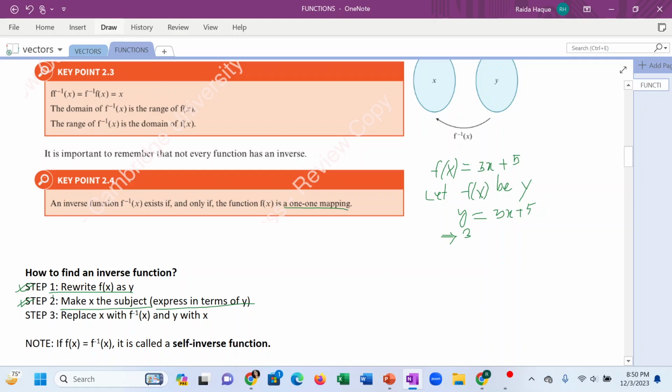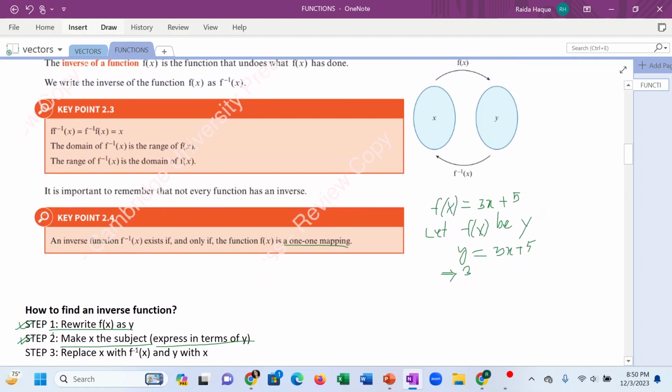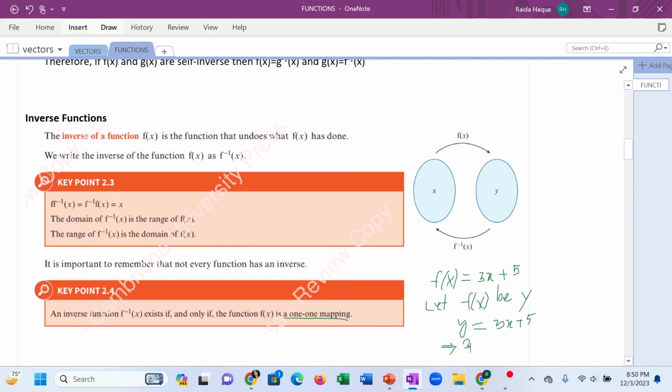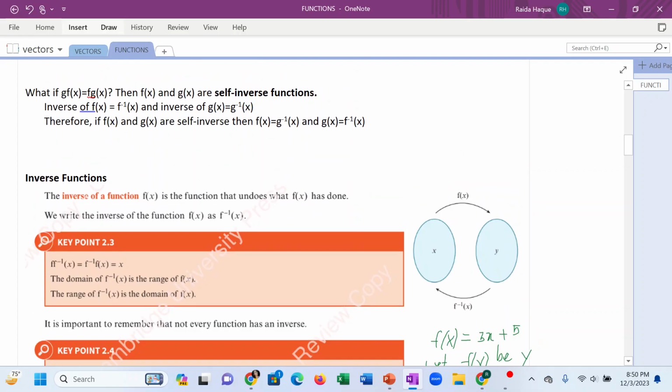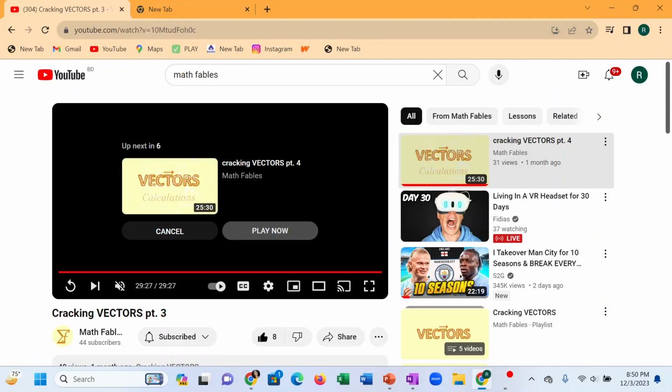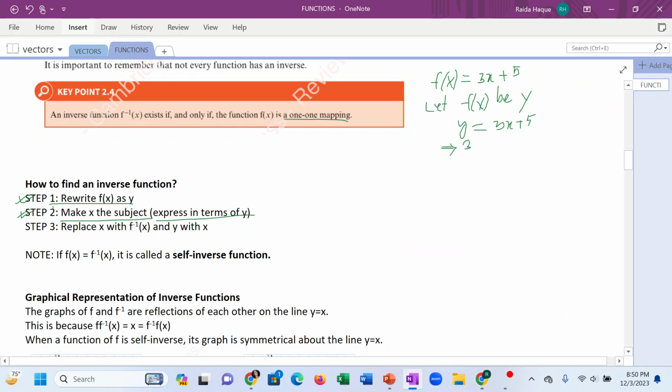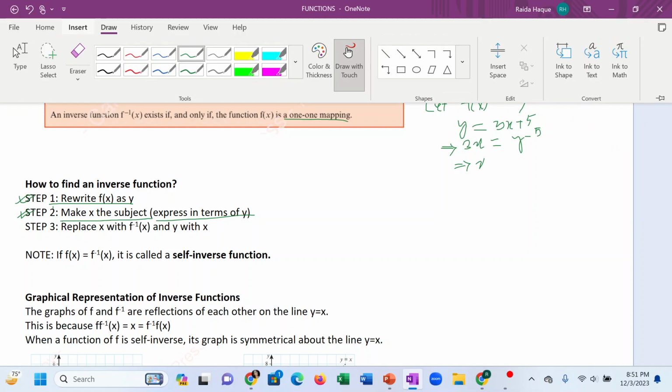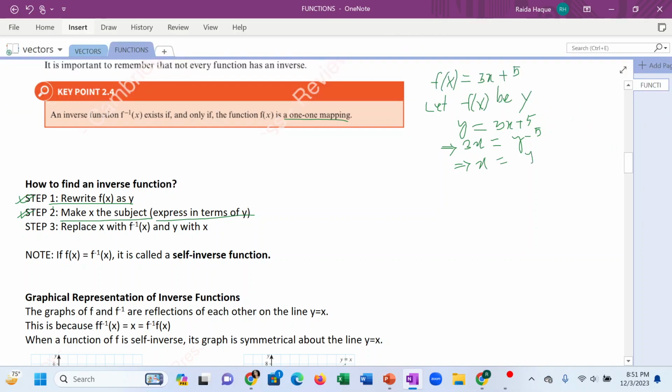So 3x becomes y minus 5, and therefore x is (y minus 5) divided by 3. Now we have expressed x in terms of y. So our step 2 is done.